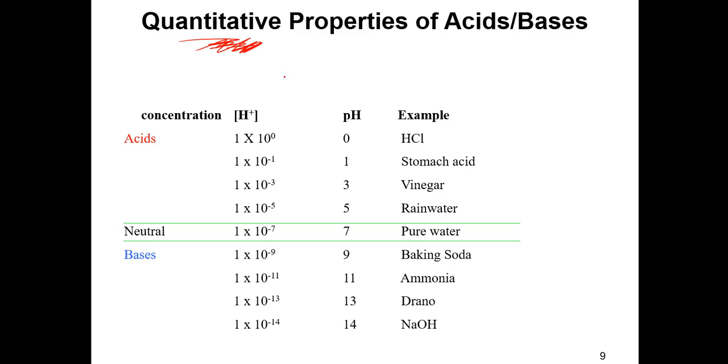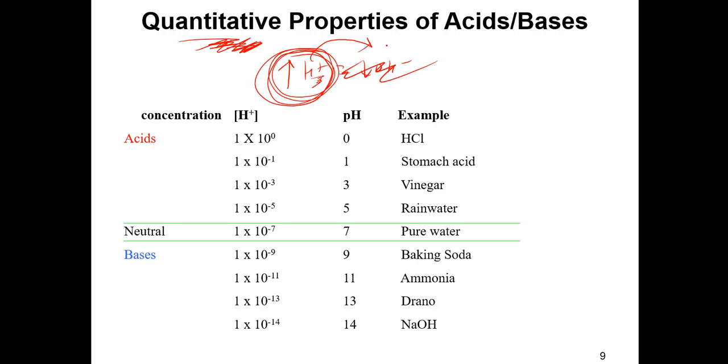Because there's a nice relationship between hydrogens and hydroxides based on Le Chatelier's principle, which we'll get into a little bit later, all we have to do is focus on one component. In this case, the standard in science and industry and the health field is to focus on hydroniums.